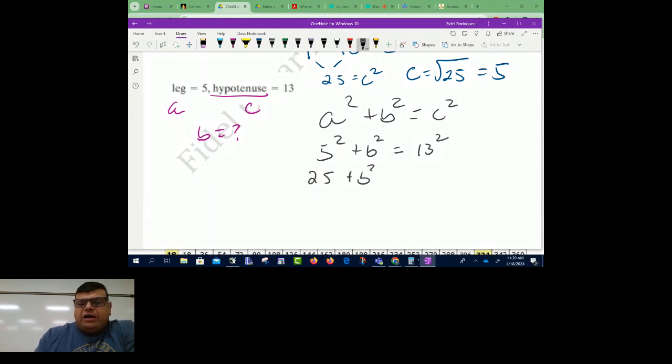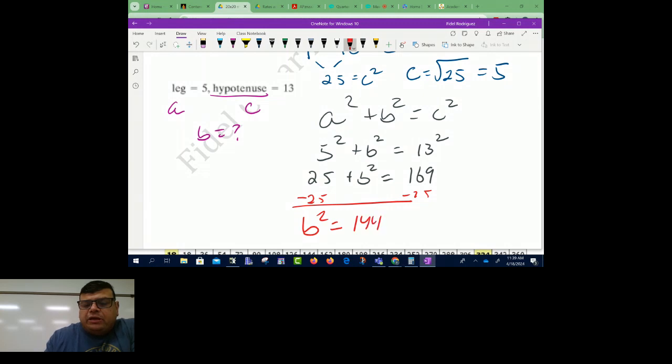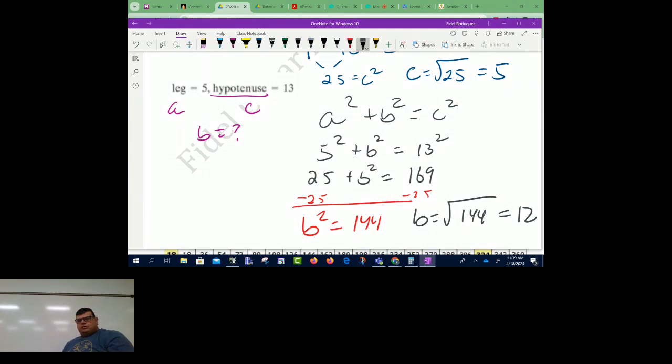That's 25. B squared, 13 squared is 169. I'm going to go ahead and minus 25 on both sides. That should give me 144. Last step, I got to take the square root of 144, and that comes out nice and pretty to the number 12.